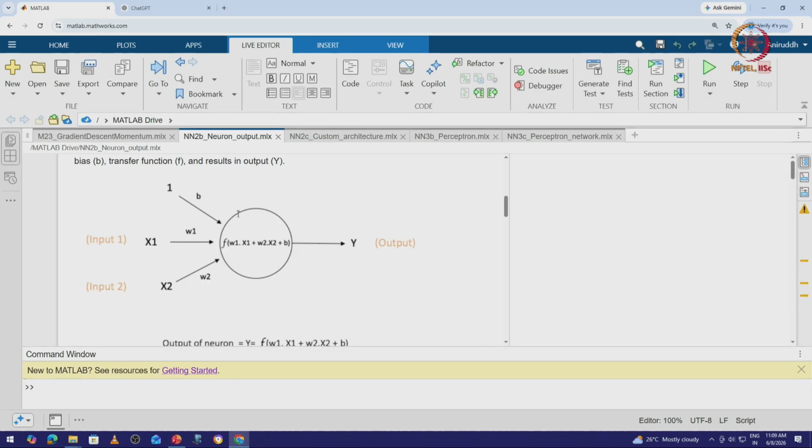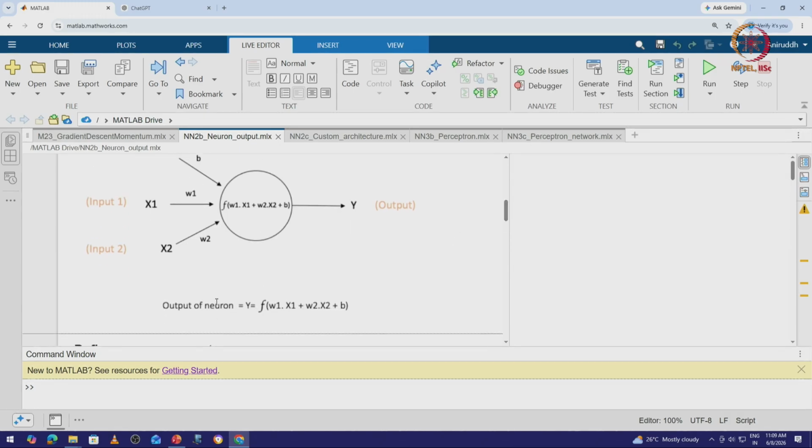All of this is passed to the neuron. So we have w1 into x1 plus w2 into x2 plus b. This whole operation is then passed through an activation function. The output y is essentially y equals f of w1 into x1 plus w2 into x2 plus b.